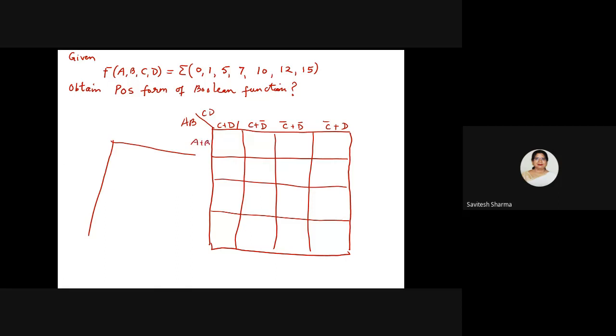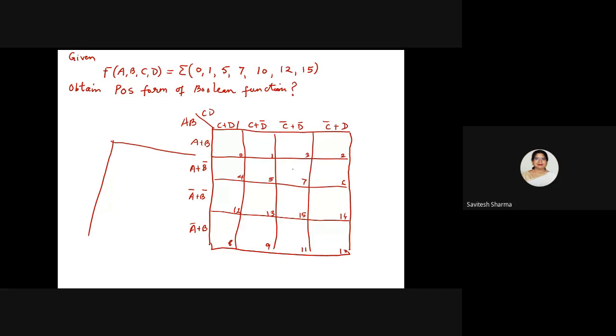So here I am drawing a K-map. You see the difference. I am writing the duals only, okay? I am filling the numbers 0, 1, 2, 3, 4, 5, 6, 7, 8, 9, 10, 11, 12, 13. So please practice drawing this K-map because numbering is very important.